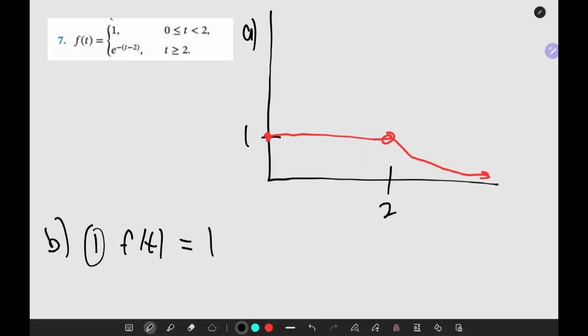We go down, and then at 2, we want to go, we're jumping down to 0, right? We're going to 0. So how do you get to 0 from here? You're going to go down, along this section, you're going to go down 1.